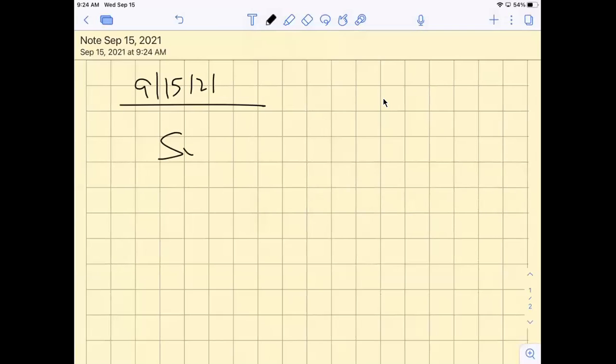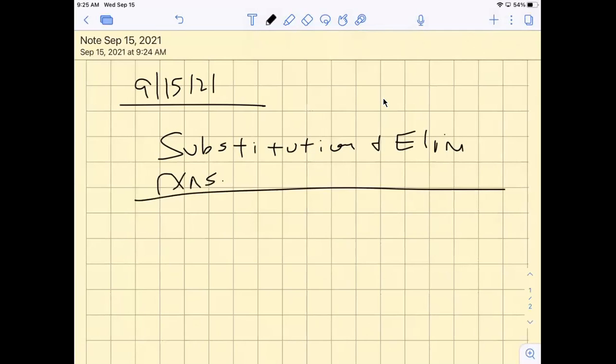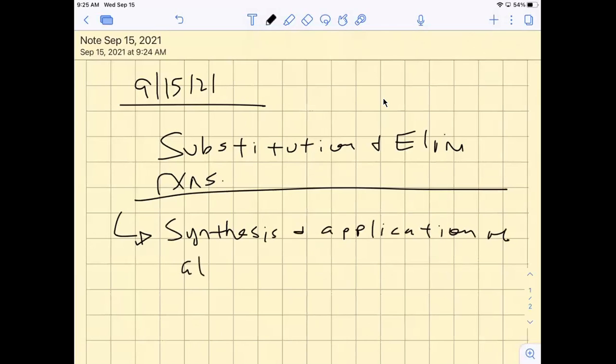All right, so now we're going to move into, again, we're still talking under the umbrella of synthesis and application of alkyl halides.